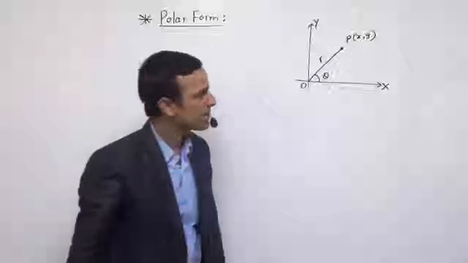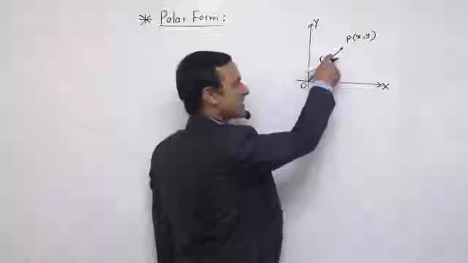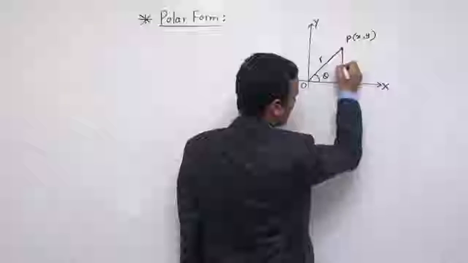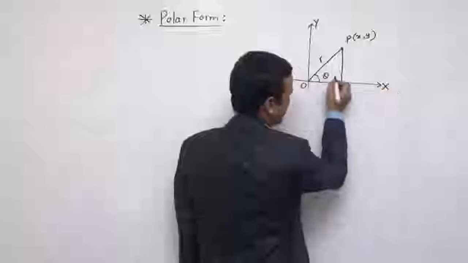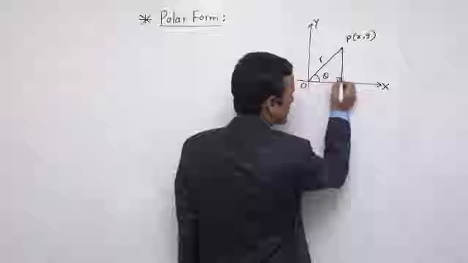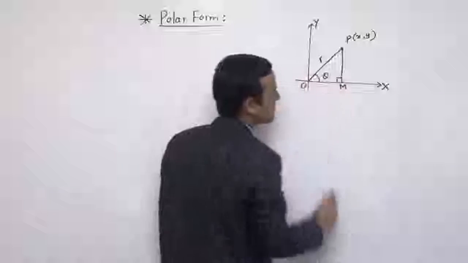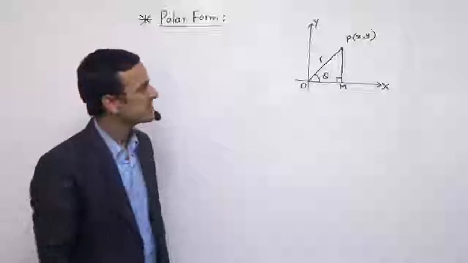This is theta. This is the angle made by this line with x-axis, and draw a line from P on x-axis, OX, which is perpendicular. So PM is perpendicular on OX.